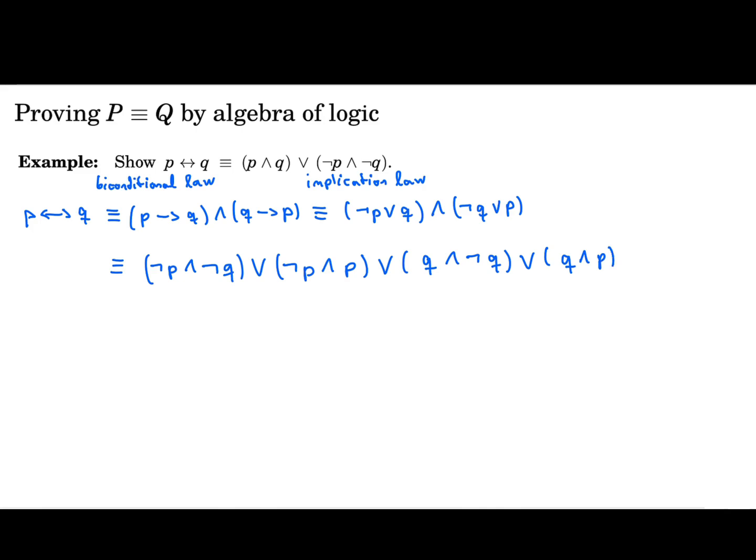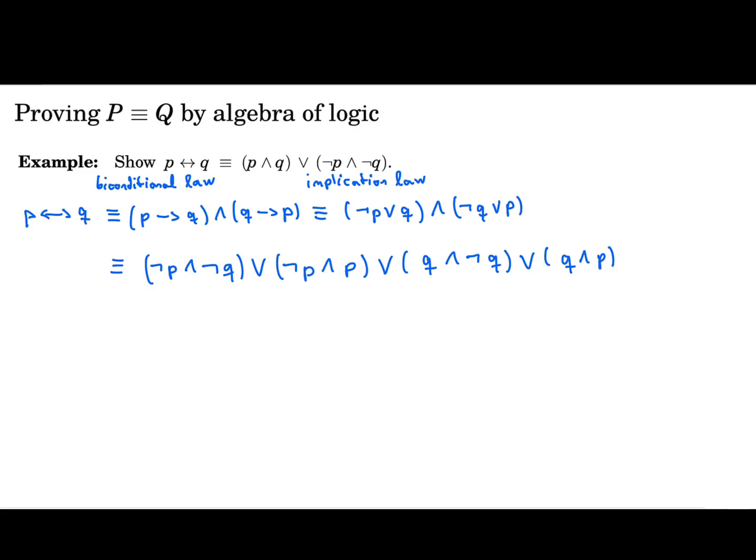So just to go carefully again, essentially I'm saying not P and not Q, that's this part, then not P and P, which is this part, then Q and not Q, which is this part, and then Q and P, which is this part, and I'm doing an OR of all of them.